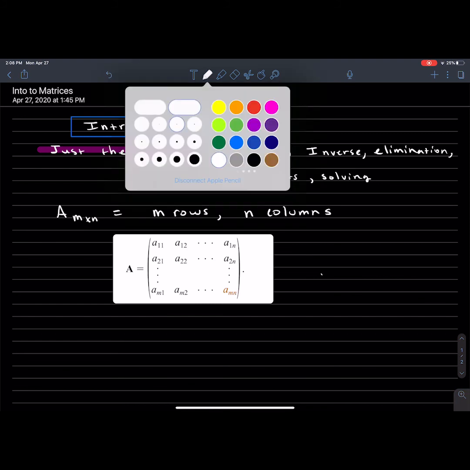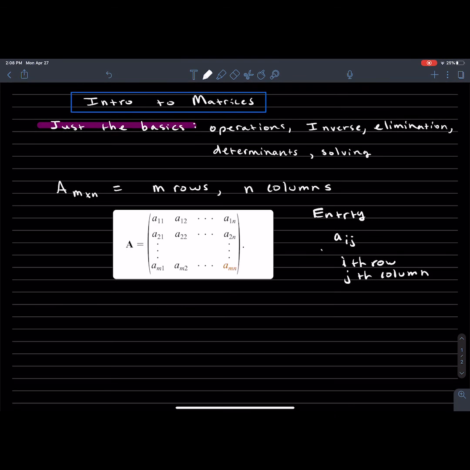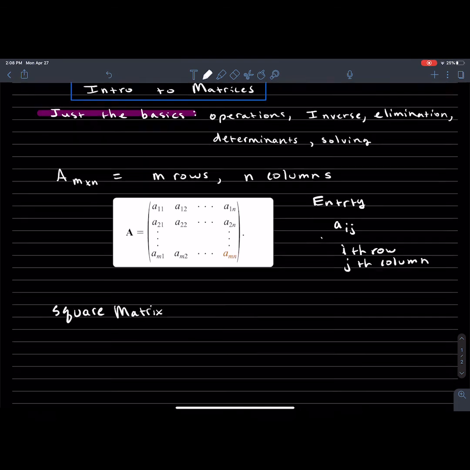So let's also talk about the entry, just so if we need to talk about position entries. It's ij, and that means the ith row and the jth column. A is n by n.